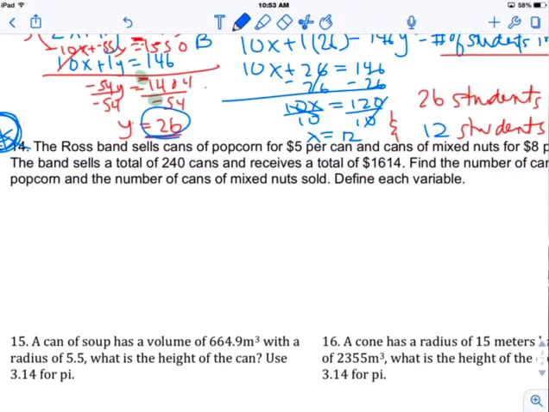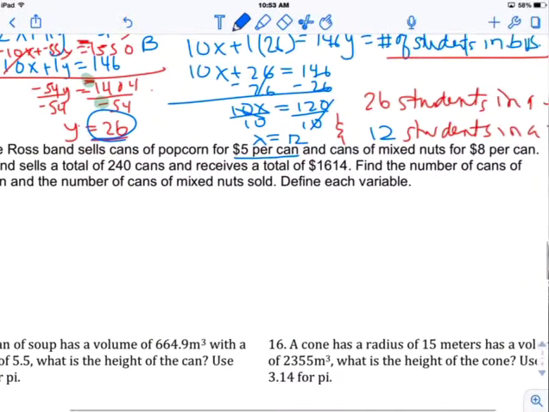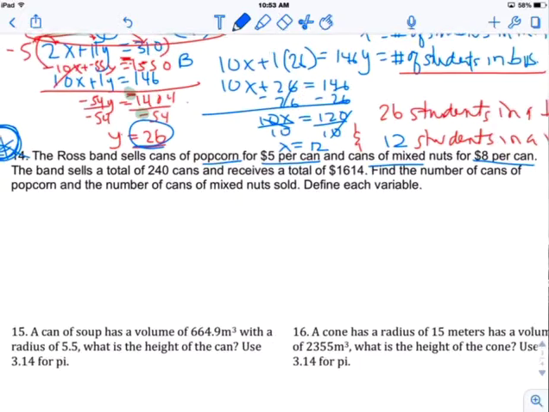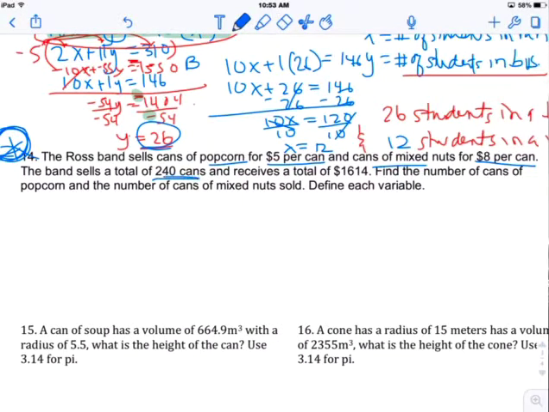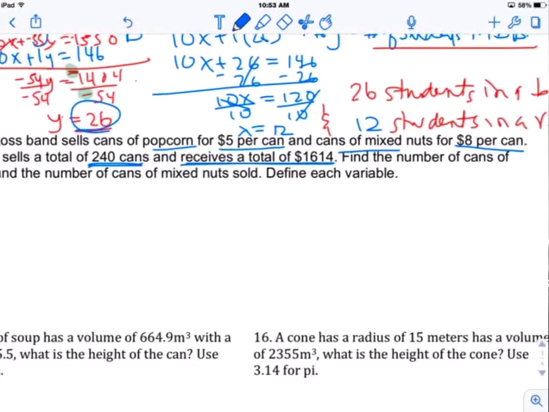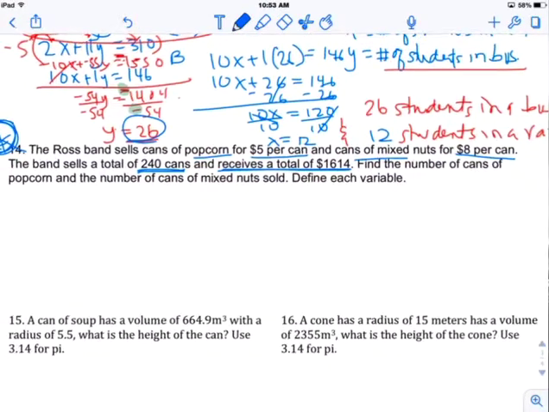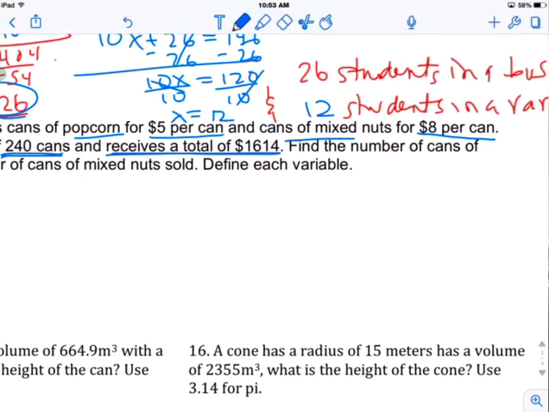A band sells cans of popcorn, $5 per can for the popcorn, and mixed nuts is $8 per can. The band sells a total of this many cans and receives this much money. Find the number of cans of popcorn and the number of mixed nuts sold.